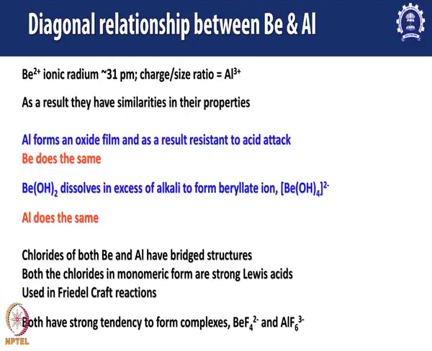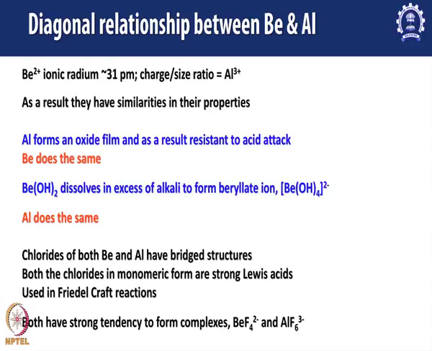Aluminum forms an oxide film and as a result is resistant to acid attack; this is called passivation. Beryllium does the same: once pure beryllium is exposed, it immediately forms a thin coating of beryllium oxide, which prevents further oxidation and can resist acid attack.